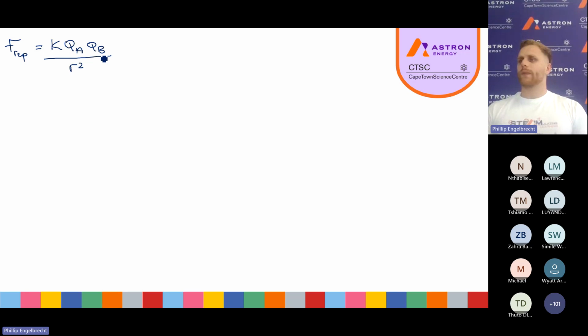Now, here's the thing. Both of these spheres have the same charge. So what does that mean? It means that the new charge of sphere A is equal to the new charge of sphere B. So this is equal to K times Q squared divided by R squared. So now I just have to figure out what this new charge is.